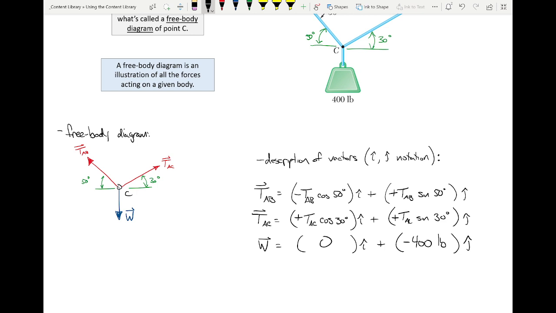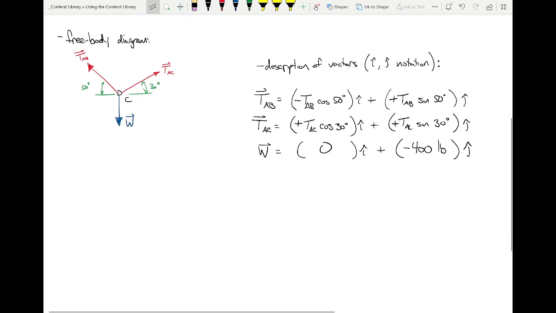So far, so good? Any questions? Make sure to maintain your signs. All right. Now we can look at our equations of static equilibrium. There are two of them, right?